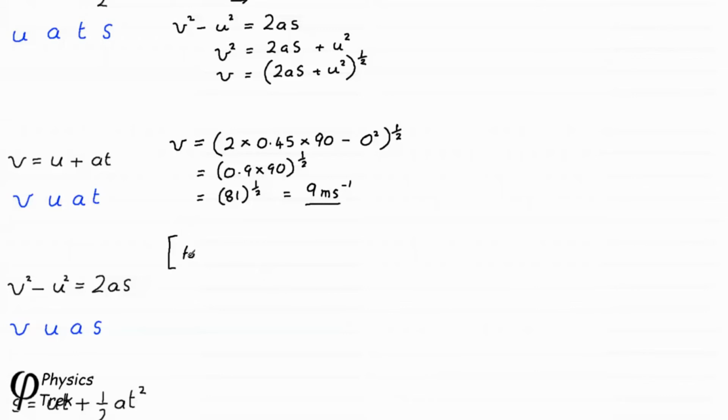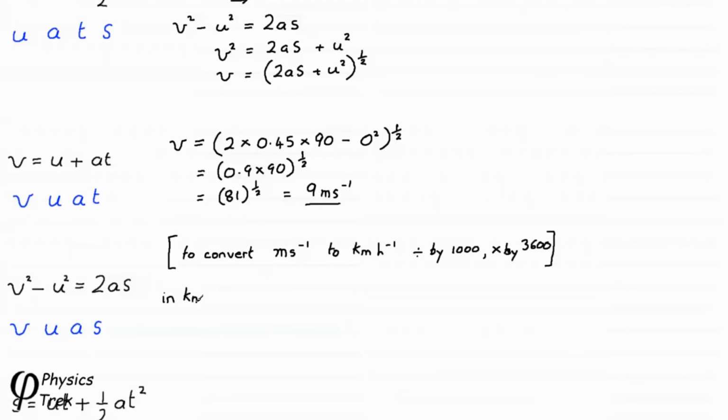Now then, we need to convert this meters per second to kilometers per hour. We do that simply by dividing by 1,000 and multiplying by 3,600, which is the same as multiplying by 3.6.